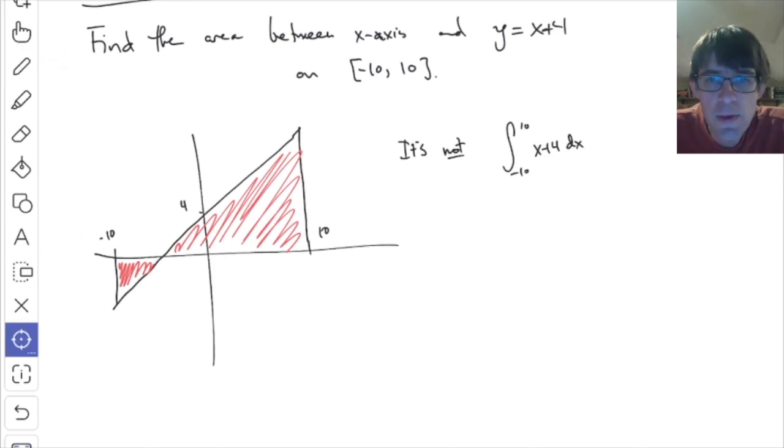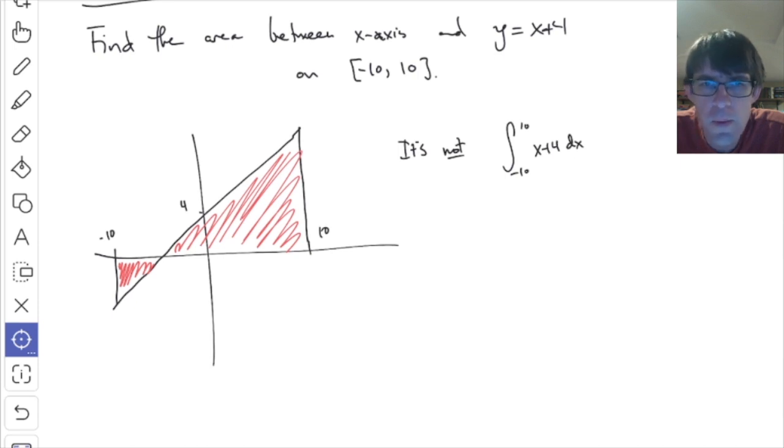When you do the integral, this part of the area will be measured as if it was positive, and this part will be measured as negative. So if you do this entire integral, you'll sort of add up all of these areas, but there will be some cancellation. This little piece will cancel off part of the big piece, and you'll get the wrong answer.